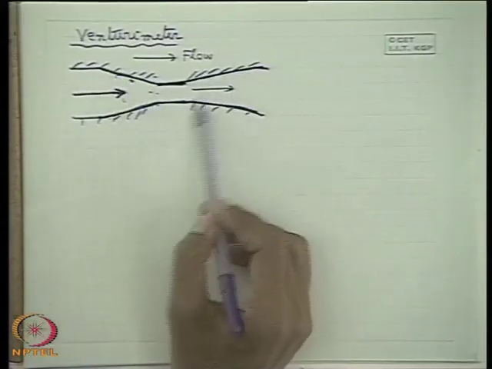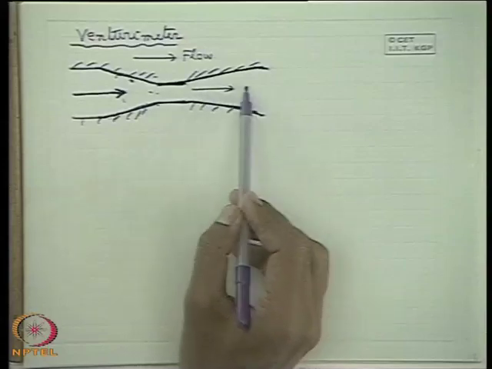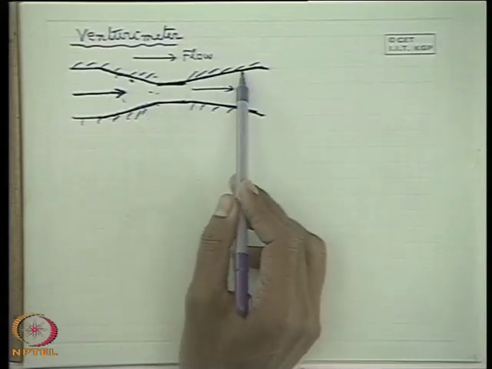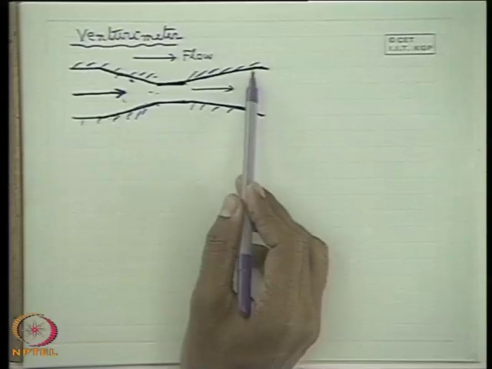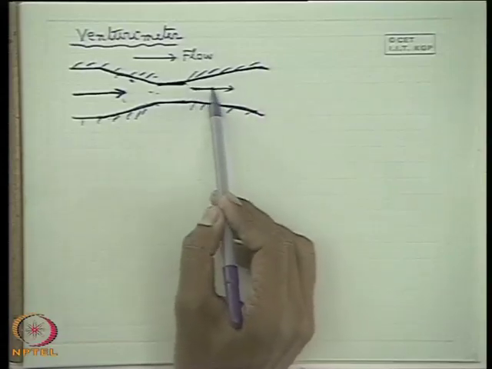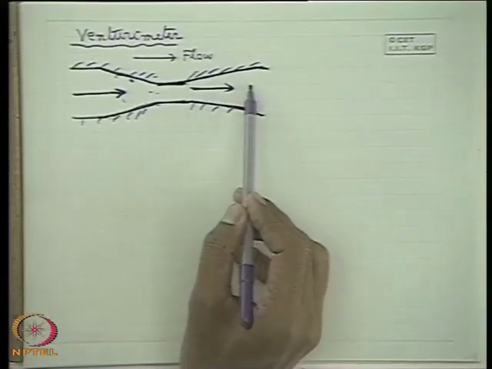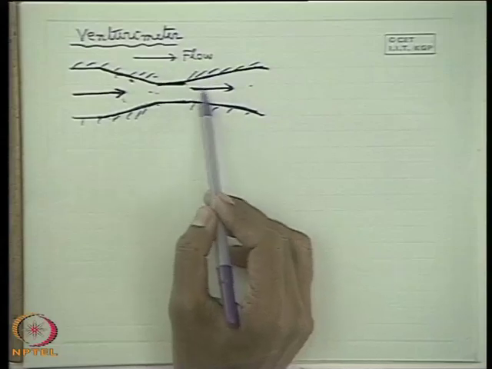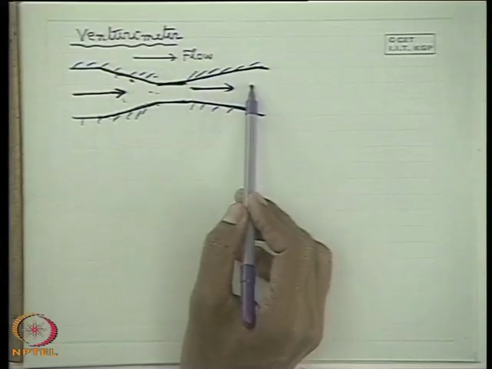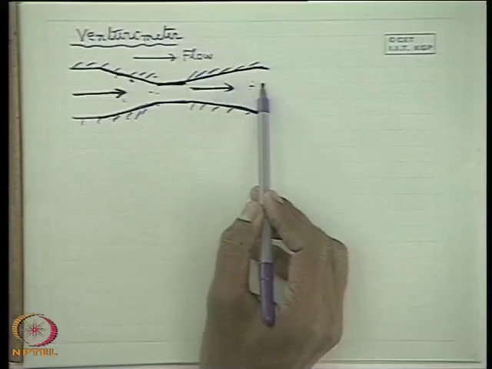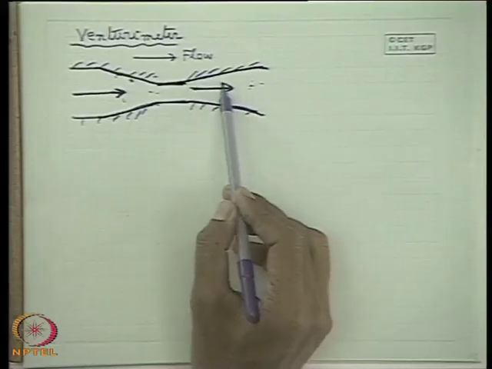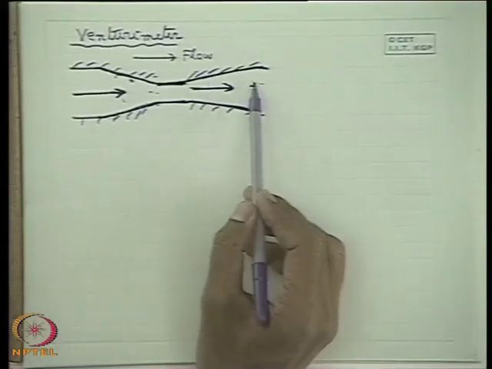Whereas in the divergent duct, since the area increases, from continuity the velocity decreases, and hence the pressure increases. So in the direction of flow there is an increase in pressure, which means the fluid is flowing against an adverse pressure gradient. That means the pressure force on a fluid element is always in the direction opposite to the flow, but still the fluid flows because of the energy gradient.